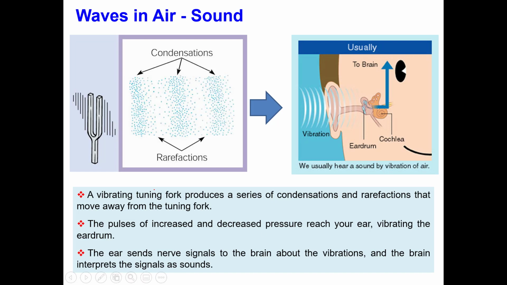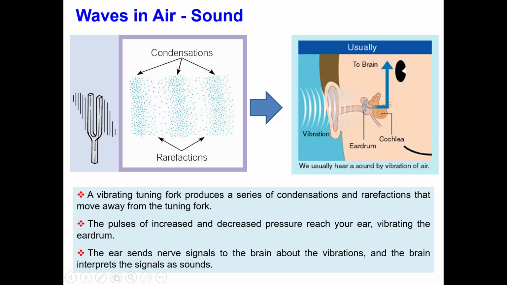Then we know when a sound is represented, this is a fork. We strike a fork, and this produces some sound. This sound travels through the air as condensations and extensions, and in this way these vibrations can move through the air.